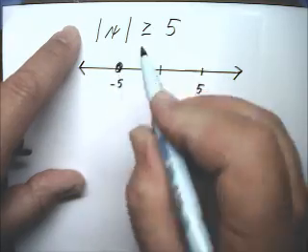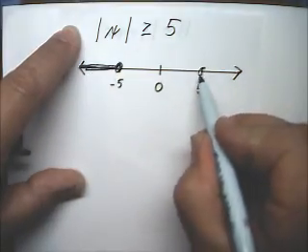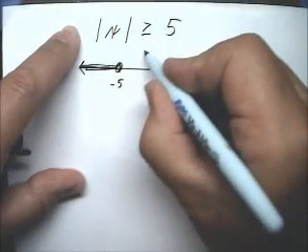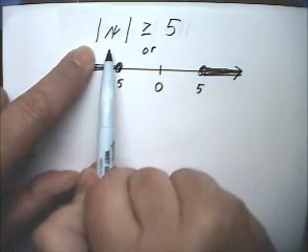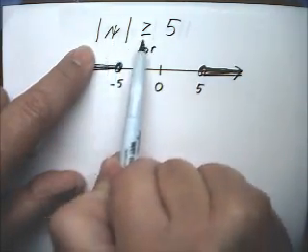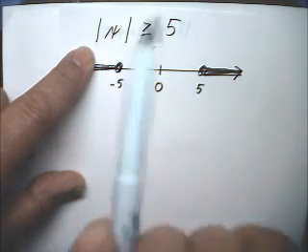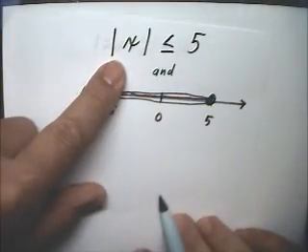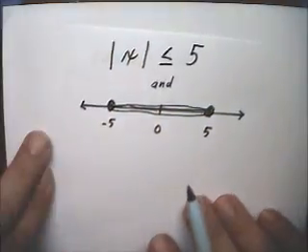So the solution on the graph looks like this. And when the solution looks like that, it's an OR condition. So when we have the absolute value of something is greater than or equal to, it'll be an OR condition. And when we have the absolute value is less than or equal to, this will be an AND condition.